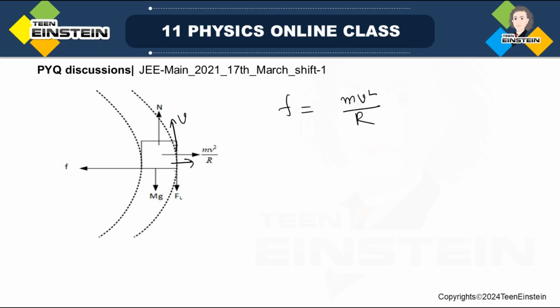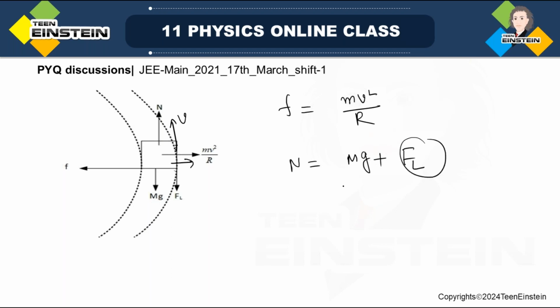One more thing is that the negative lift will be acting in the downward direction. So the N has to balance this mg, that is the weight of the car, and also the FL. Okay, so this is the problem. I have to find out what N is.